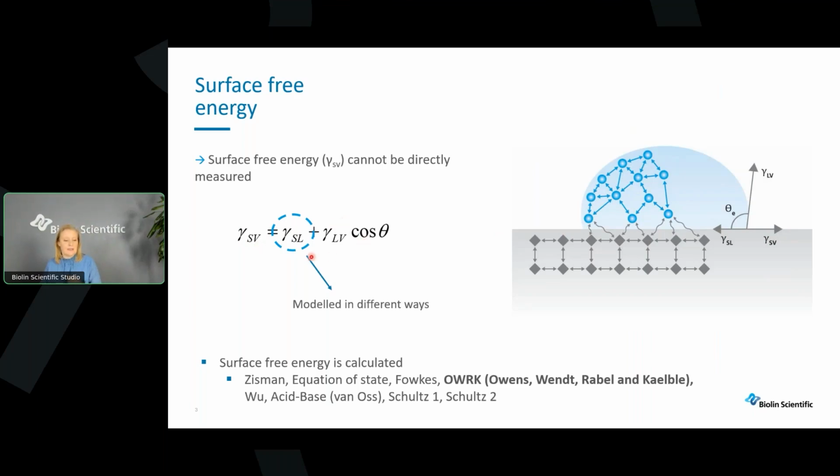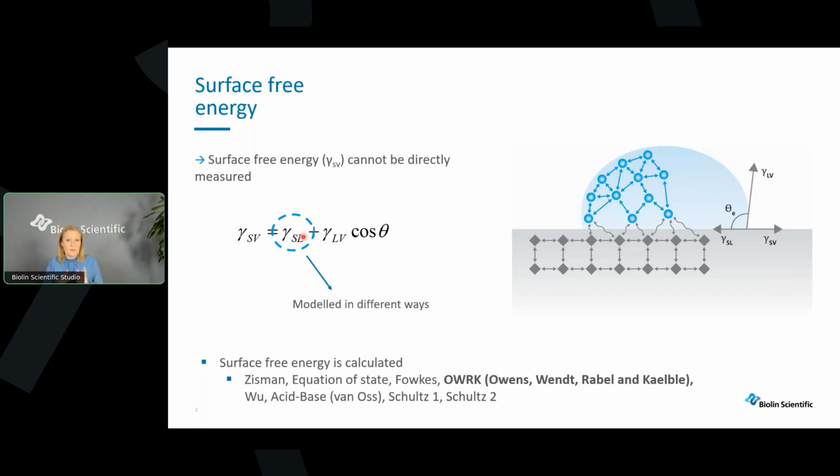And in this, if we would solve here the surface free energy of the solid, we would have on this side of the equation three unknowns. So we have the surface tension of a liquid, we have the contact angle between the solid and the liquid, and then we have the interfacial tension between solid and the liquid. And now, as you have seen in the previous presentations, the surface tension of the liquid we can fairly easily measure.